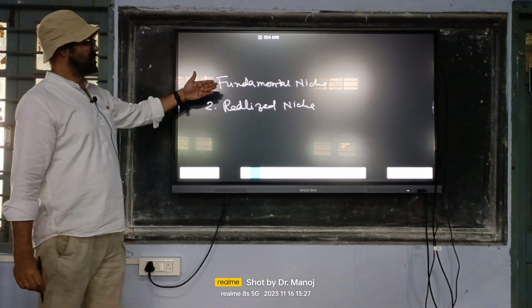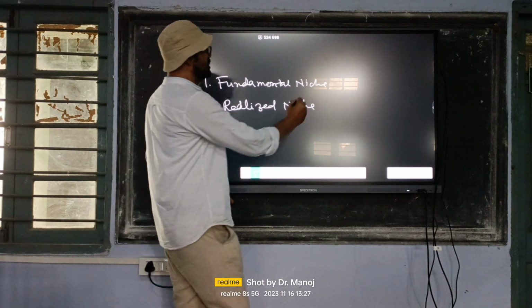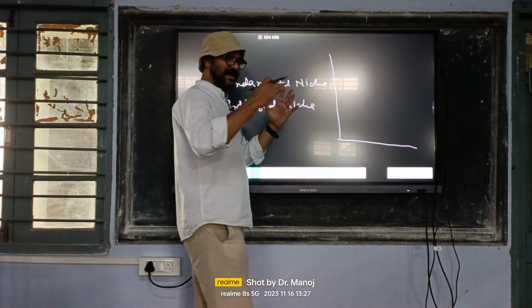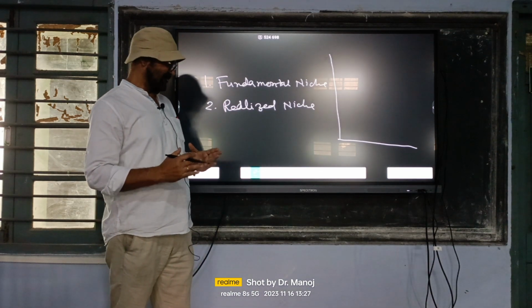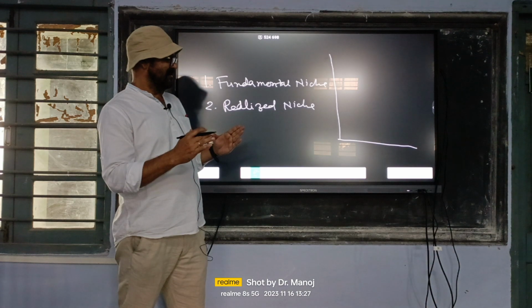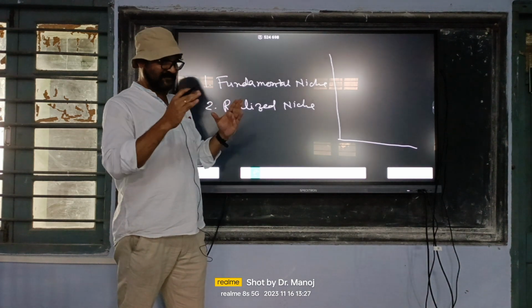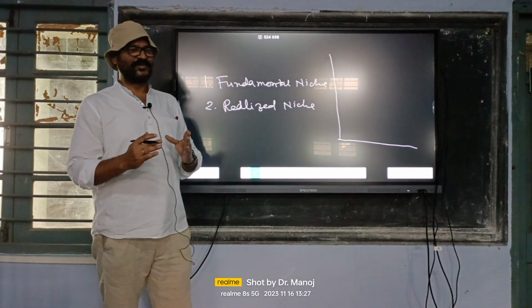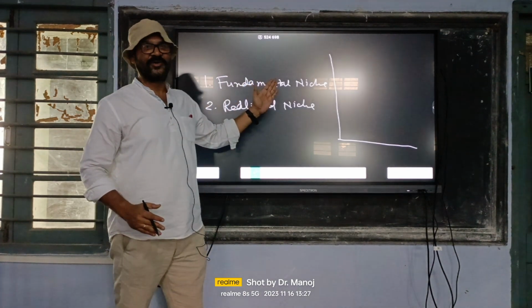So what is the fundamental niche? The fundamental niche is an abstractly inhabited hypervolume. When you put all the variables together, then that n-dimensional space will be created, and that n-dimensional space will be the fundamental niche of the organism.